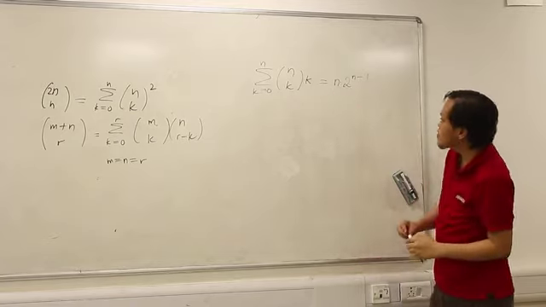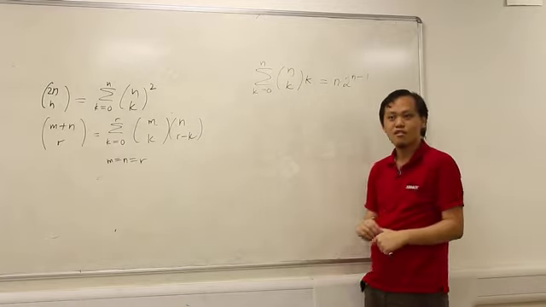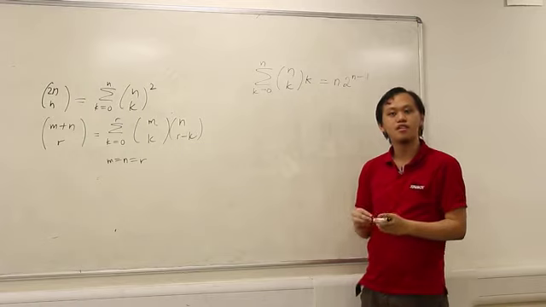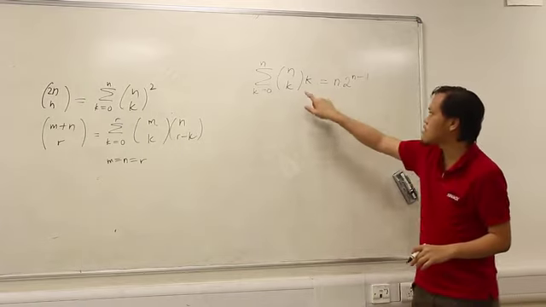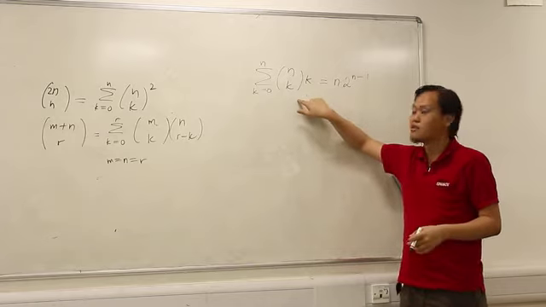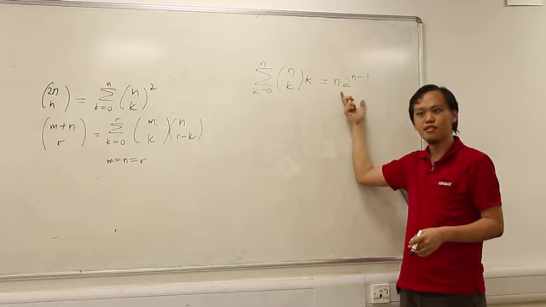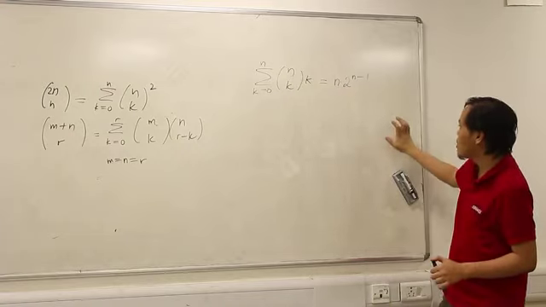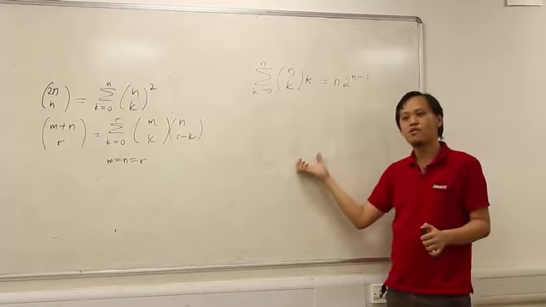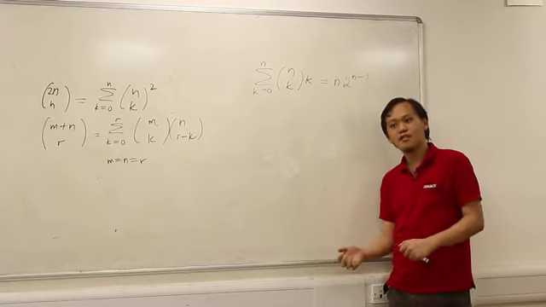Another interpretation would be, suppose we want to sum all the sizes of all the subsets of a set of n elements. Clearly, this is this expression. But how do we get this from that interpretation? There are multiple ways. One is to look at each individual element and count how many sets contain it.